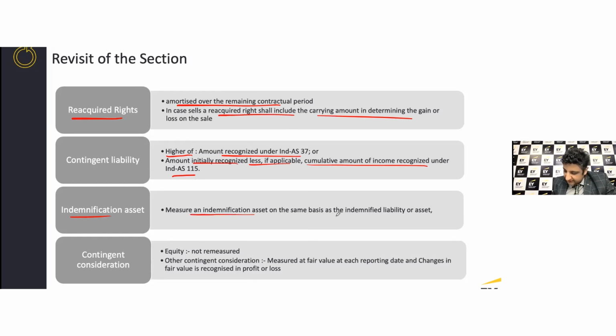Indemnification asset, again, is the same as the basis of the indemnified item, or the liability as the case may be. And finally, as far as the contingent consideration is concerned, you would normally recognize them at fair value through profit or loss, and the changes would be recognized through P&L. As far as a contingent consideration for equity is concerned, it is not remeasured at all. All right.